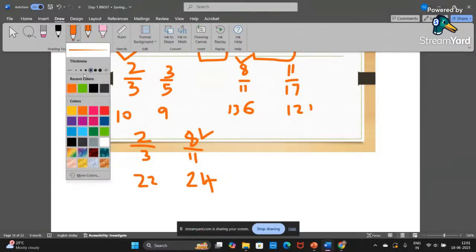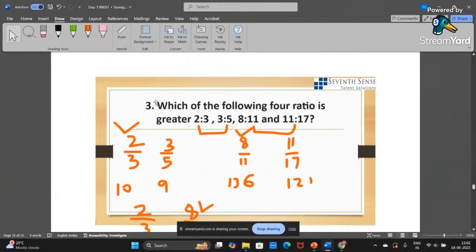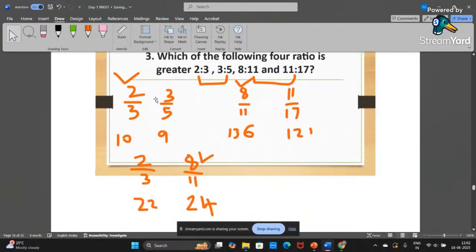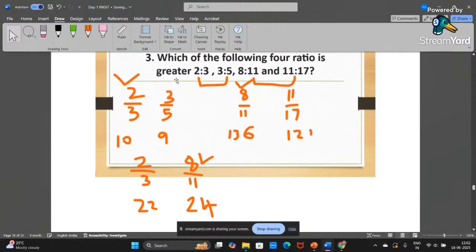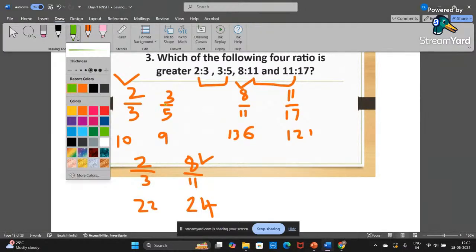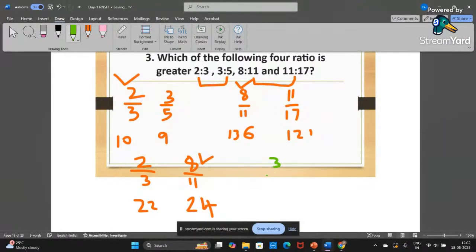Now let us find the smallest one. It is not asked in the question, but still for our understanding, let us find the smallest one. Already we have the values. Between these two, 3 by 5 is the smallest one. And between these two, 11 by 17 is the smallest one.